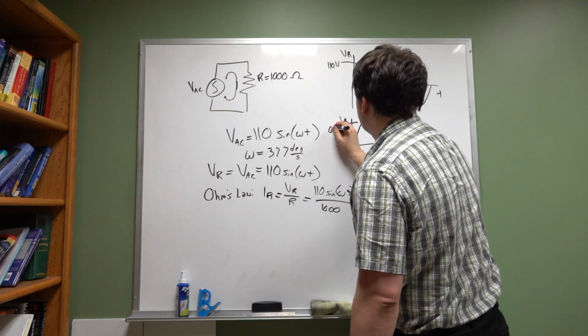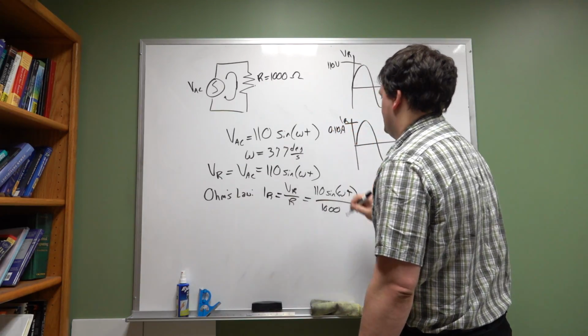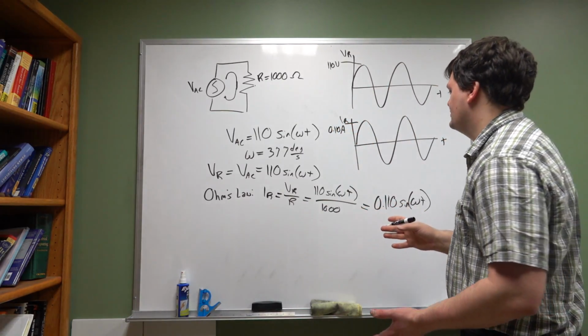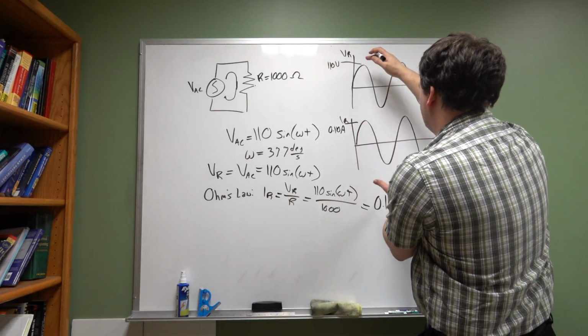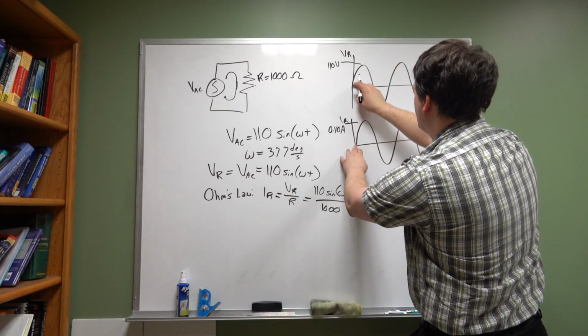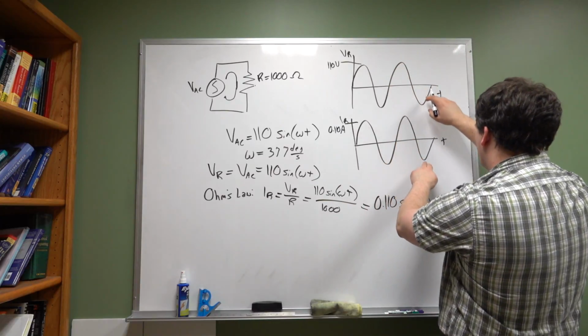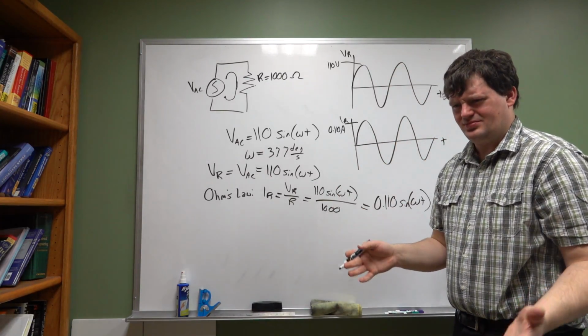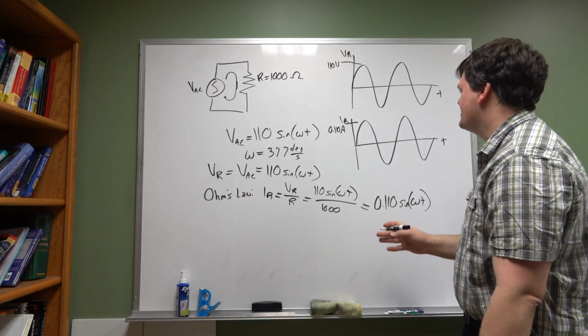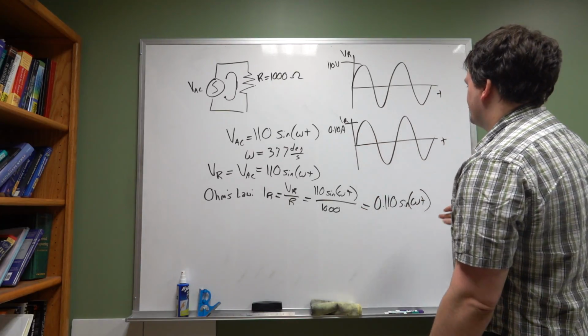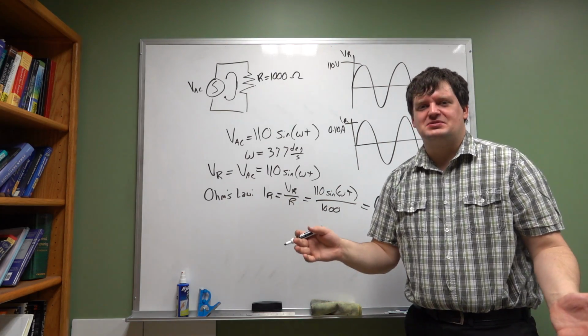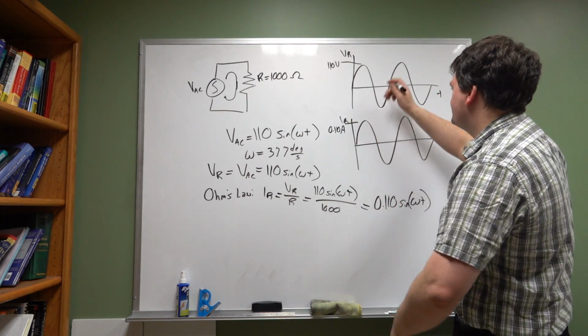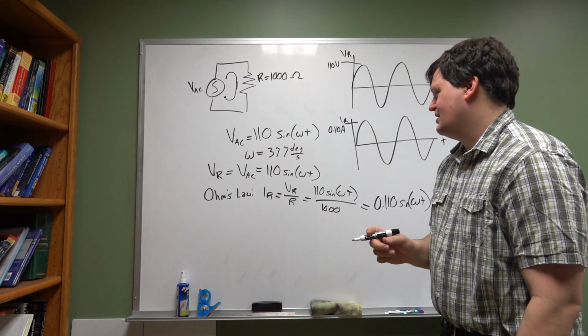Here the amplitude is 0.110 amps. So not quite the same amplitude, but it has the exact same shape. They both start at 0 at the same time. They both travel basically in the same pattern. They're both harmonic with each other. They oscillate at the same time. They both reach 0 at the same time.